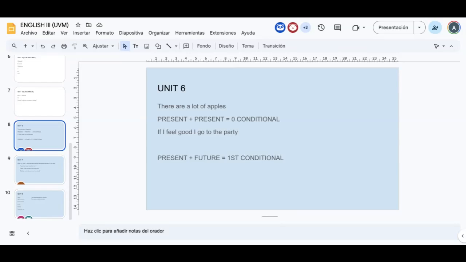Usually they mean something that we can corroborate in reality. But the second conditional and third conditional are called the unreal conditionals because they are about things that are not probable. I mean, it's very difficult for them to be real. Let's make an example. If I won the lottery, I would buy a house.